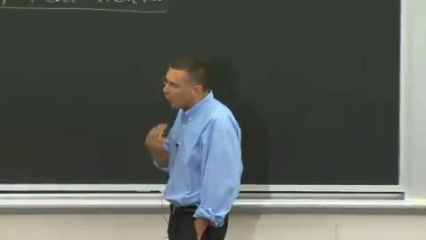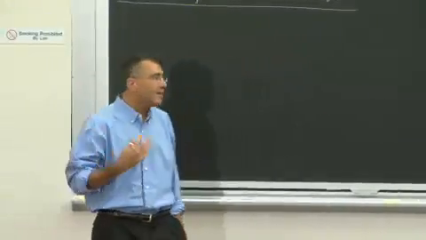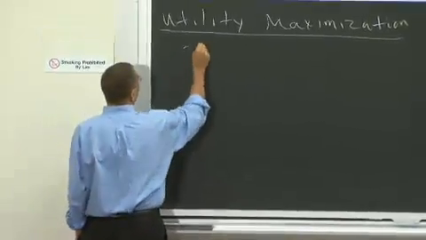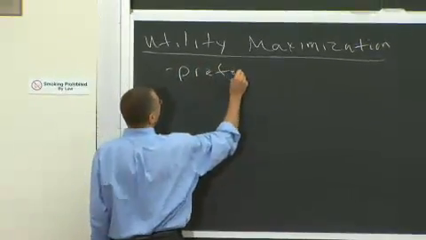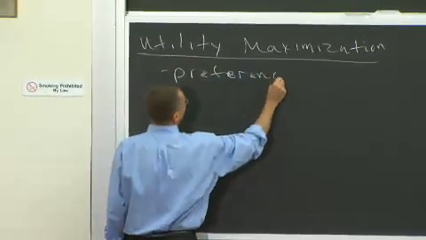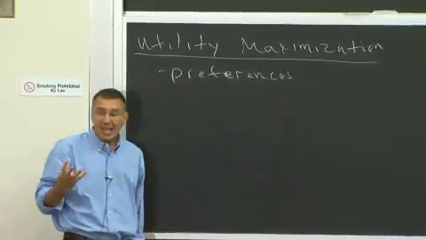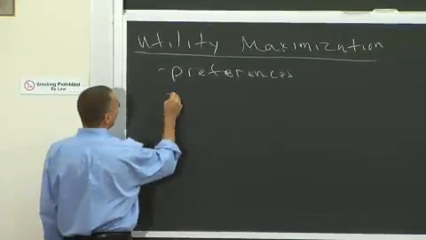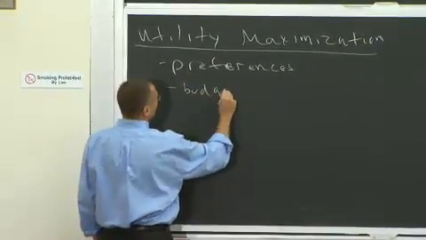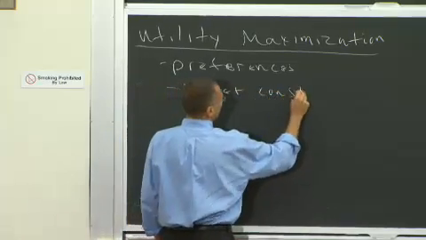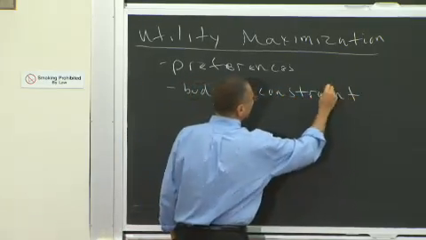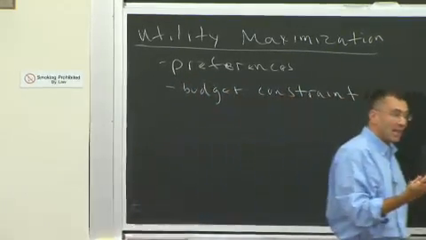Basically, an overview is we posit some type of preferences. We posit consumer preferences, what consumers would like. We posit some budget constraint, what resources consumers have to get what they'd like.